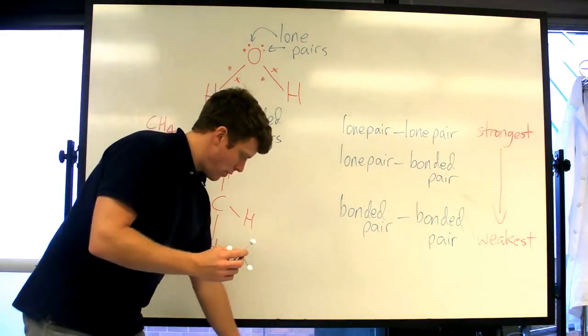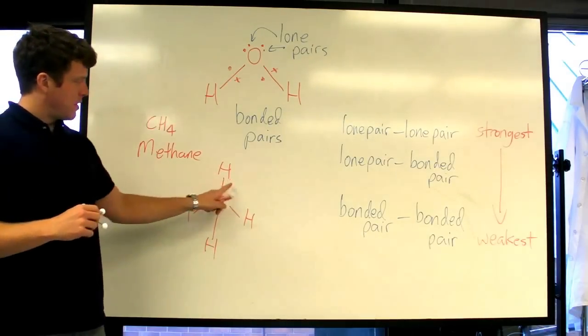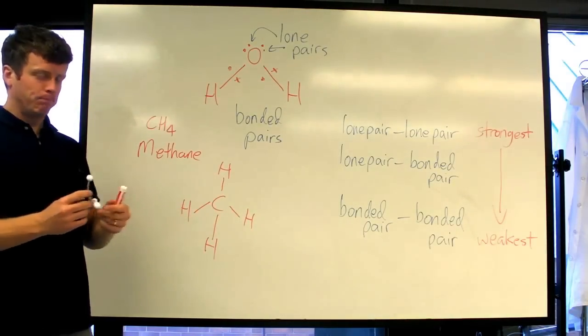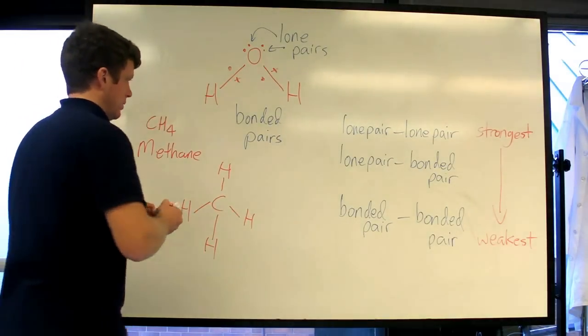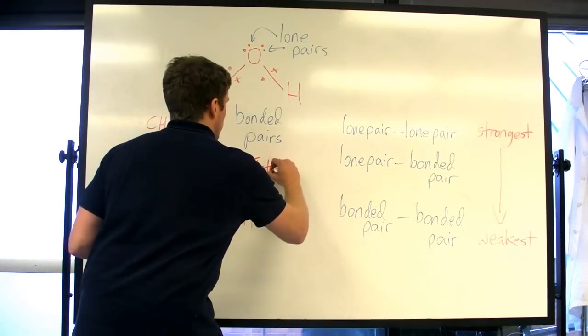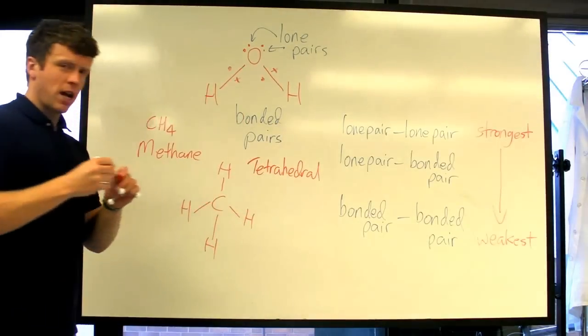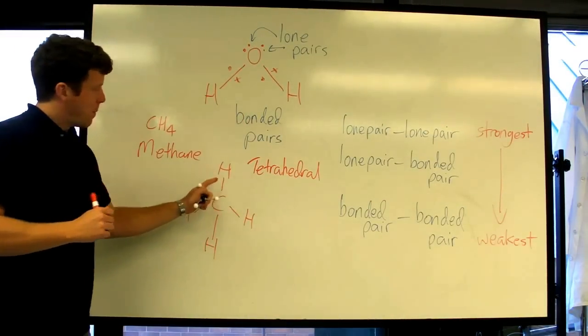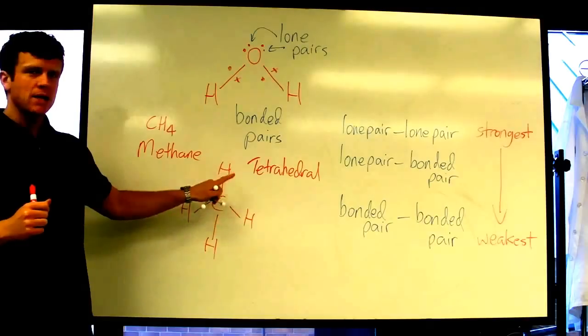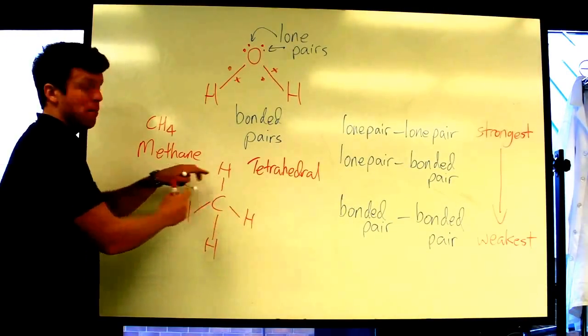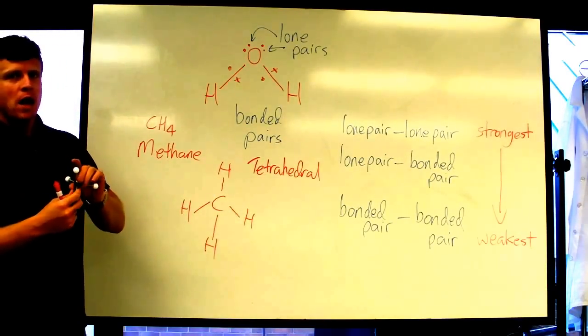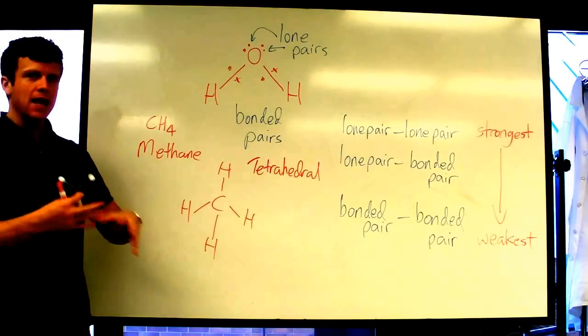And so this shape, the tetrahedral shape, I'm going to write that on there. Tetrahedral shape, it's the maximum amount of space that these pairs of electrons can get between each other, and still maintain that molecule.